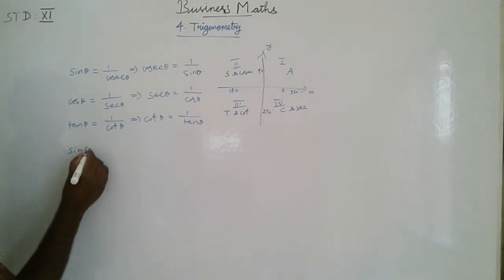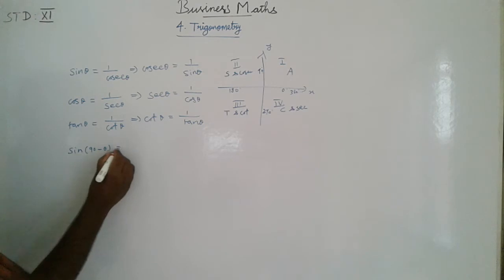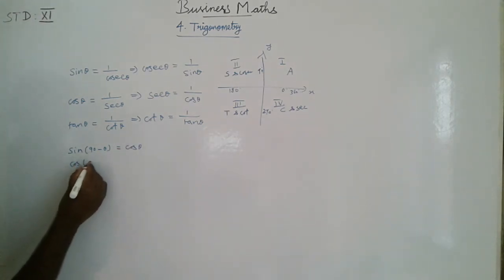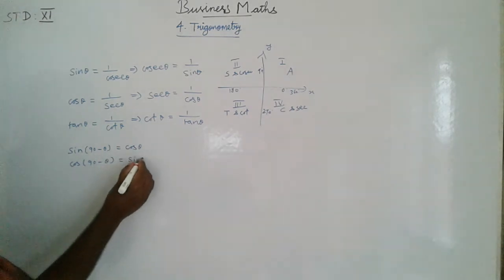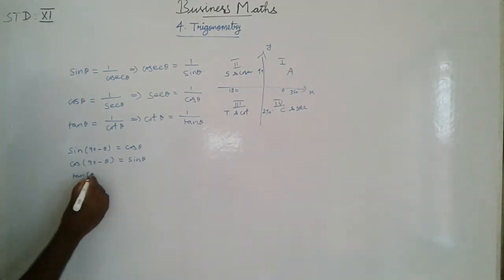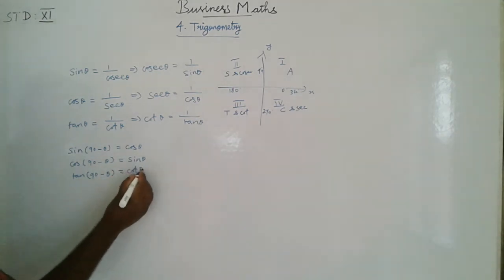Now we should take: sin of 90 minus theta equal to cos theta. Cos of 90 minus theta equal to sin theta. Next, tan of 90 minus theta equal to cot theta.